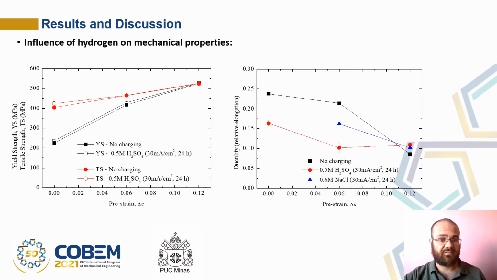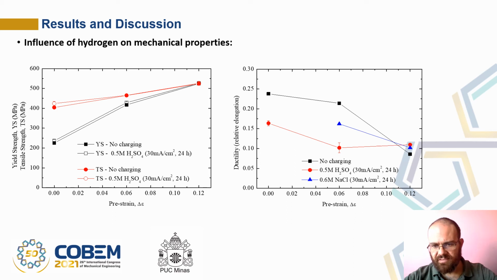We can see here by the first graph in which the values concerning mechanical strength are the same with and without hydrogen. What the hydrogen does, however, is reduce the maximum elongation, consequently the ductility of the material. Here we see a drop in ductility for all cases, and more severe in the acid solution.